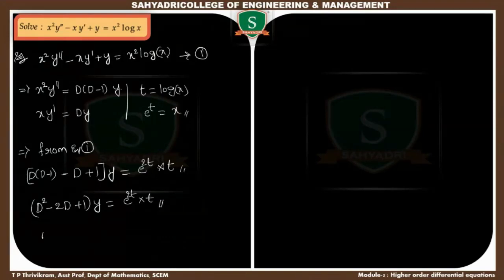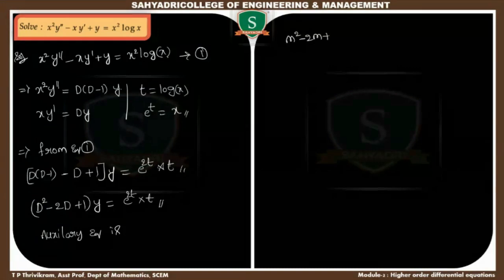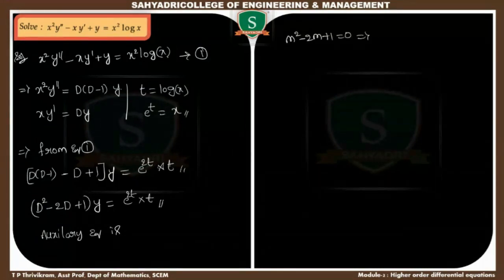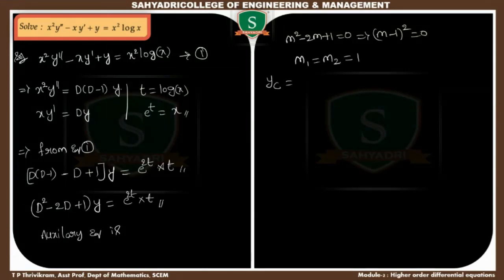So the auxiliary equation is m square minus 2m plus 1 equal to 0, which implies m minus 1 whole square equal to 0. m1 equal to m2 is equal to plus 1. yc will be, for repeated roots, c1 plus c2 t into e raised to t.